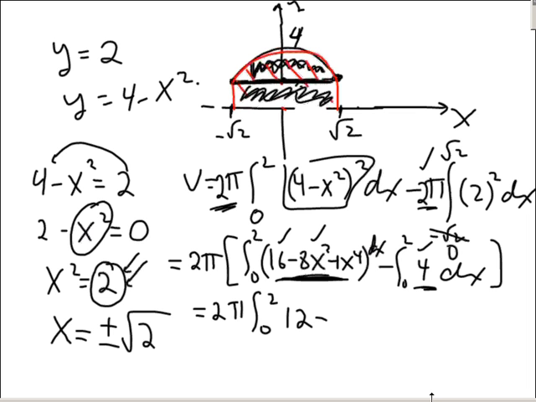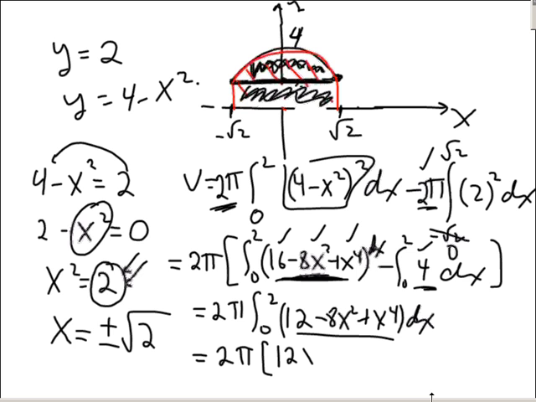Don't forget to take away 8x squared and to add x to the 4th. So this is the function we're going to integrate. And when we do integrate it, we get 12x minus 8x cubed over 3 plus x to the 5 over 5.